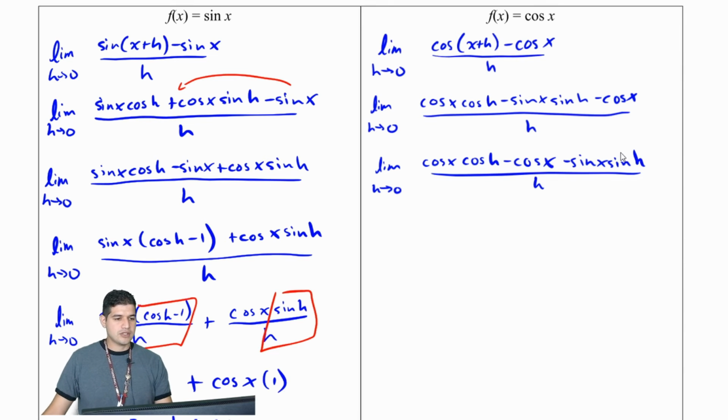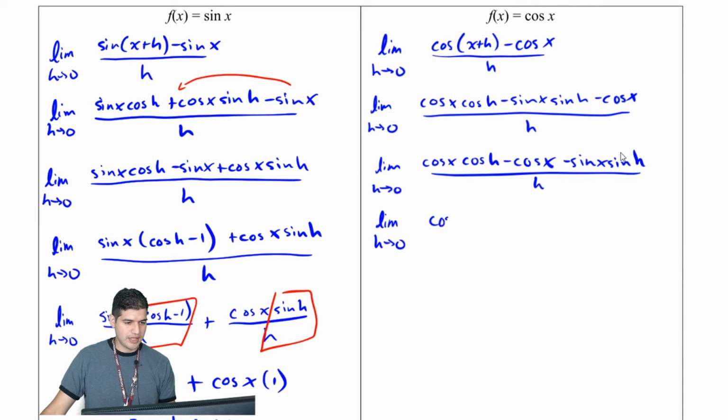All right, so very similar thing. I'm going to factor out, but this time I'm going to factor out a cosine of x. So I'll get the limit as h approaches 0, cosine of x times cosine of h minus 1 minus sine x sine h all over h right there.